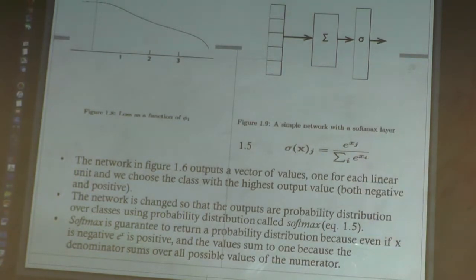So an example here is softmax. There are other things that you can use, but we'll get to that later on. Softmax here is guaranteed to return a probability distribution. Why? Even if x is negative, e raised to the power x will return a positive value. You remember that?